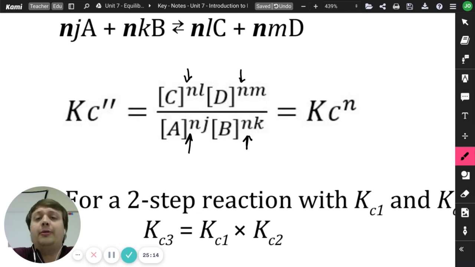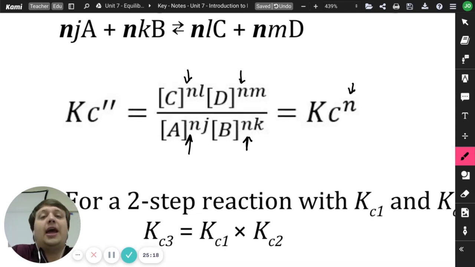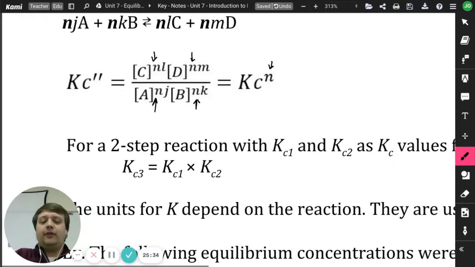All I would do is take my Kc and put it to the exponent of whatever the factor is. So if I used a factor of 2, then I would go Kc to the power of 2. If I had a factor of 1/2, then I would go Kc to the 1/2 power. It is very simple to use that as a shortcut for solving these.